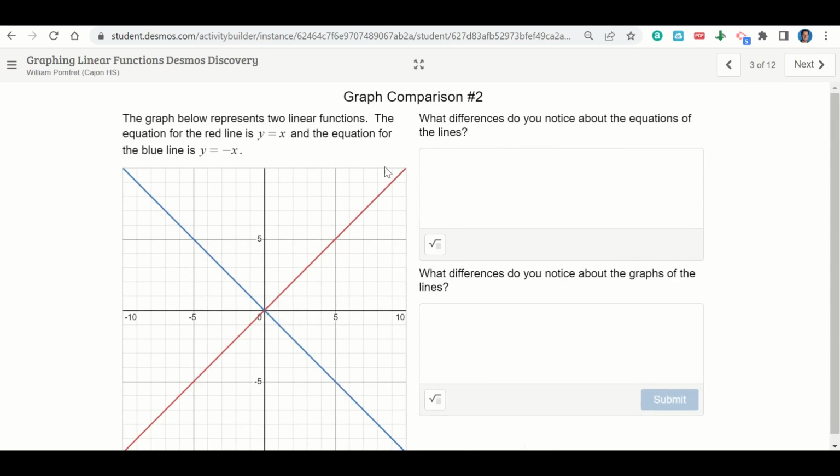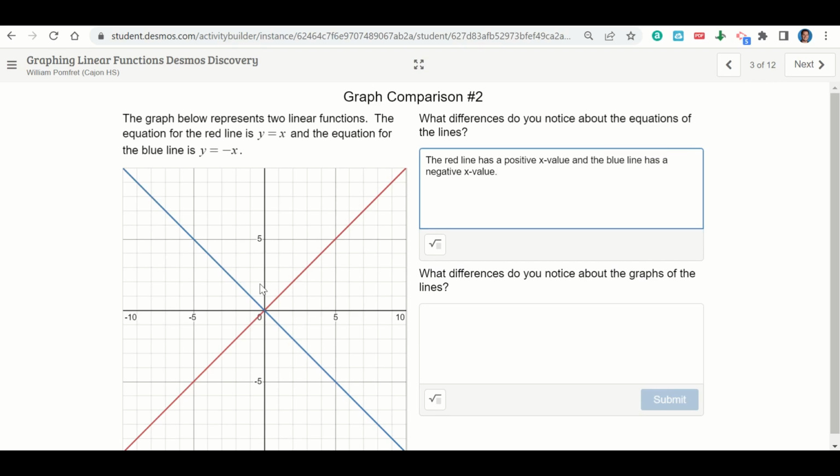And I do the same thing. This one says y equals x and y equals negative x. What do we notice in the difference of the equations? The red line has a positive x value, and the blue line has a negative x value.